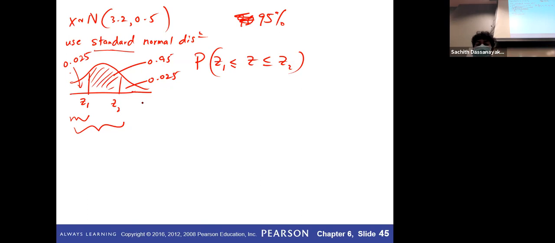I don't have enough time, but let me do this again next day. Let me tell you how to find this. First, find C1 using this area. Then C2. Now you know what C1 and C2 are.